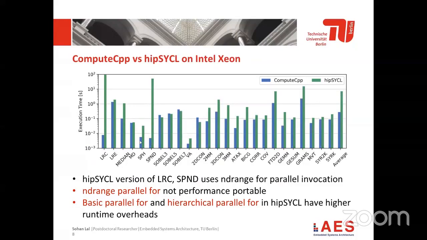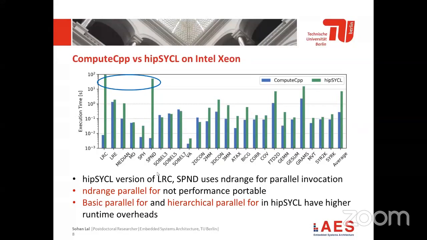These benchmarks are from the applications of the kernel category. The main reason for the higher execution time for HipSQL is that some benchmarks use ND range parallel for, for example, the LRC and SP ND benchmarks, and ND parallel for cannot be efficiently implemented by a library-based implementation such as SQL without dedicated compiler support.